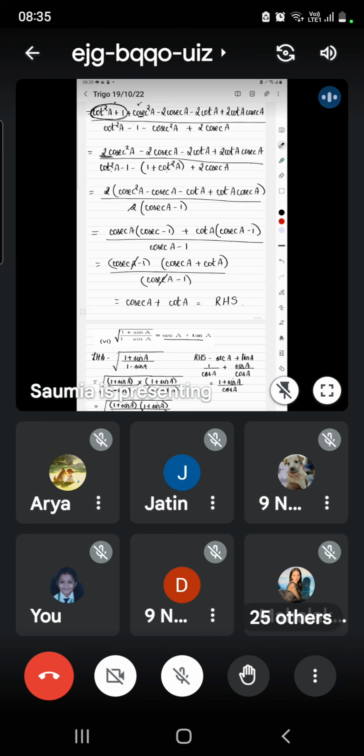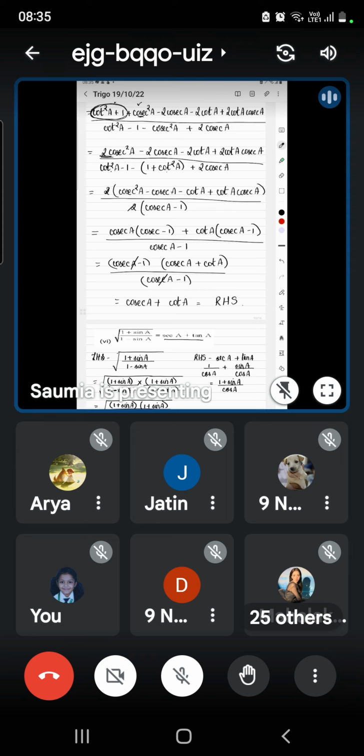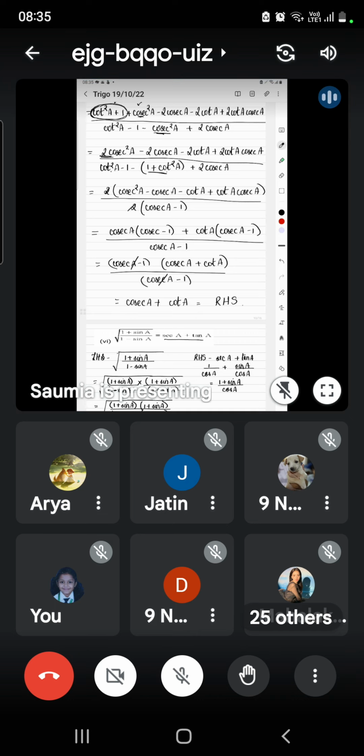Is that clear? Ma'am, the denominator I am confused in. In the denominator, instead of this cosec square A, I wrote 1 plus cot square A. So when I open the bracket, this became minus 1 minus 1. And this became cot square A minus cot square A, which got cancelled. Follow? Yes.